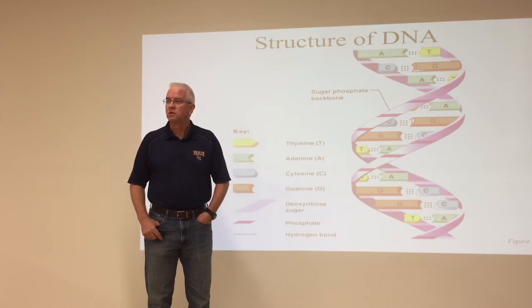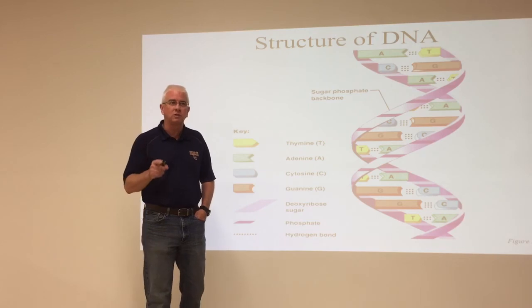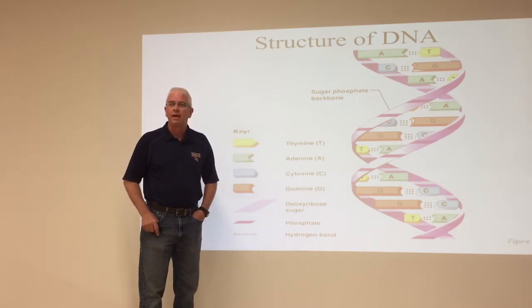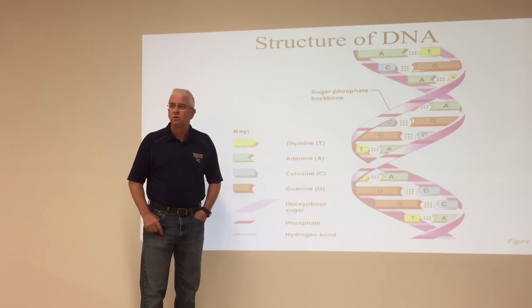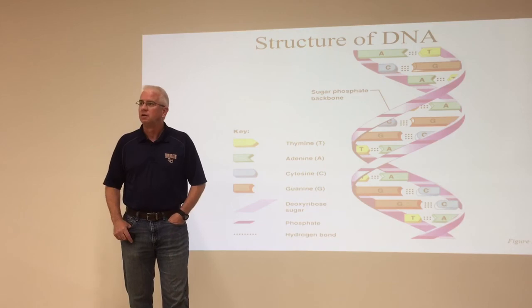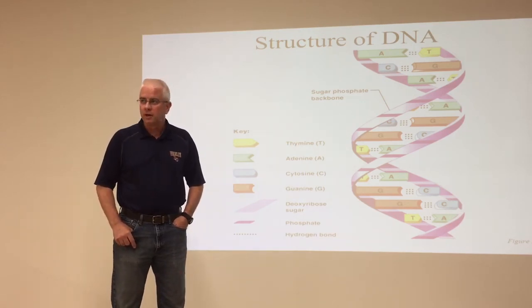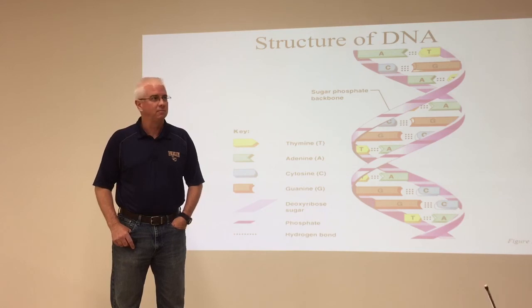The proteins are constructed because of instructions given to the cell by the DNA. That is what we call in science the central dogma. The central dogma of science. DNA gives instructions for the formation of proteins.